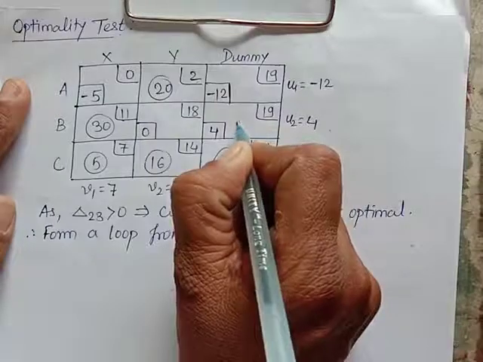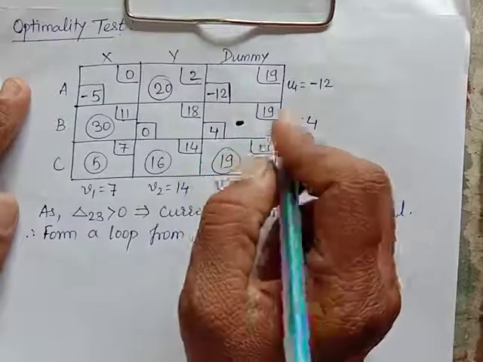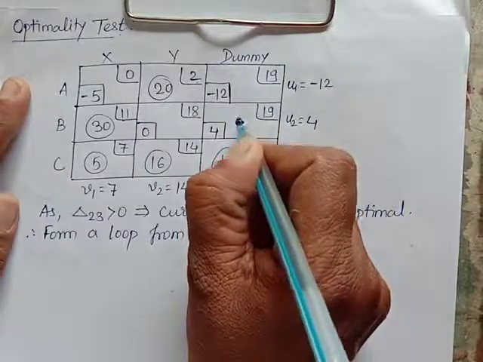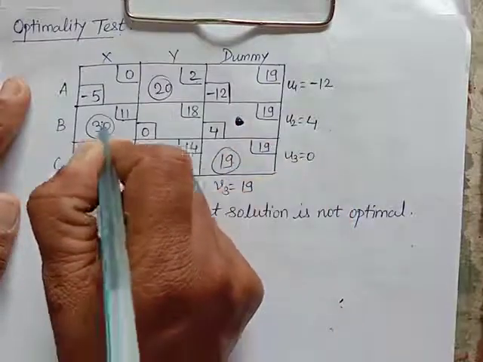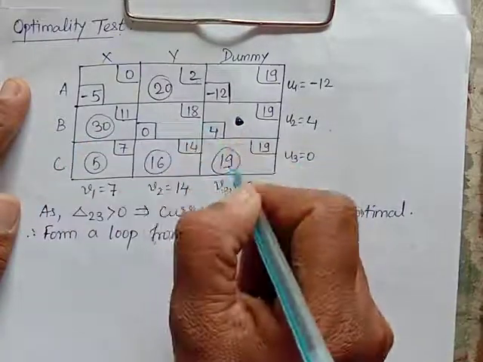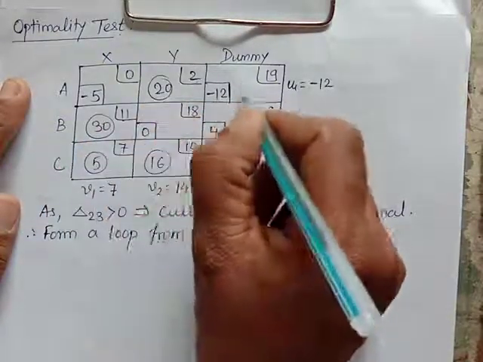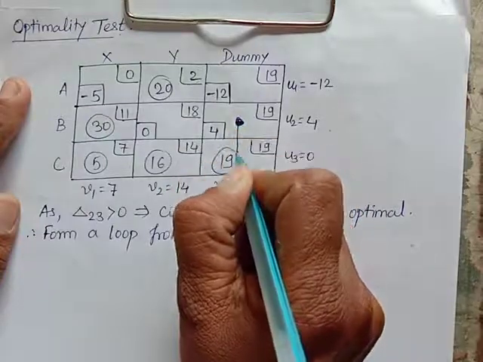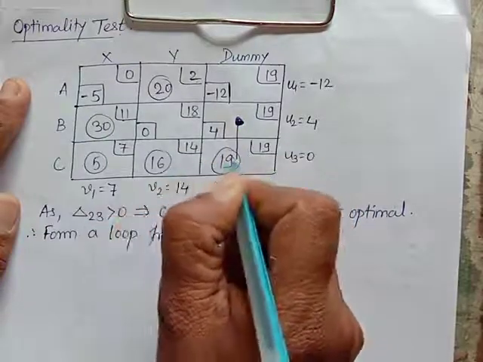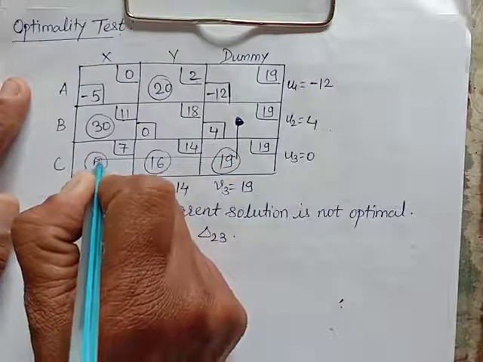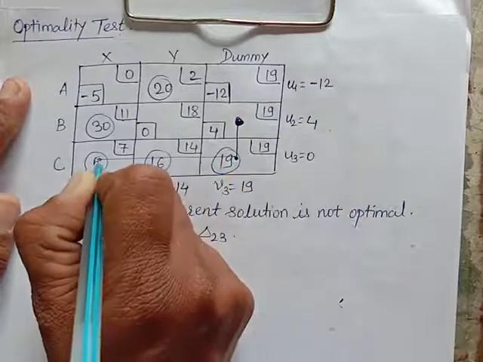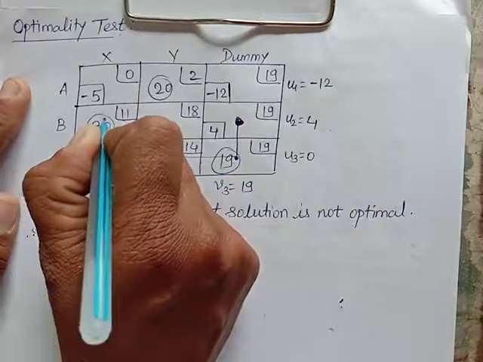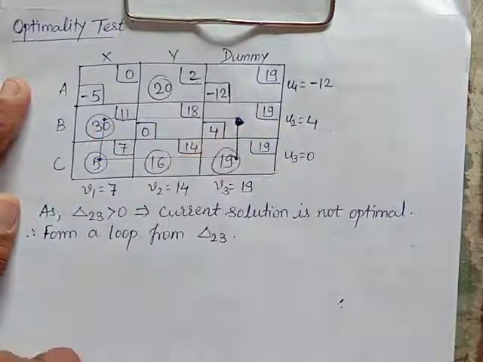From delta 2,3, if we form a loop, then we can come here, here, here, here and here. As such we can form a loop. Otherwise there is no way to come here again. Here we won't consider this allocation. We will go here. These are our points. Remember this one. And then we will come here again.